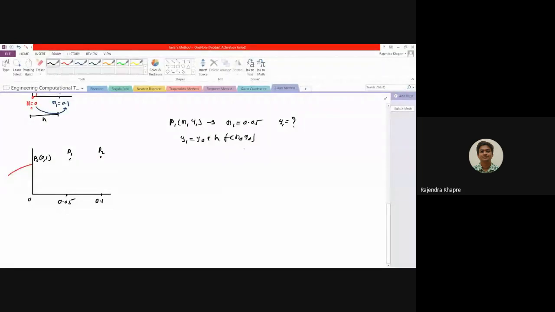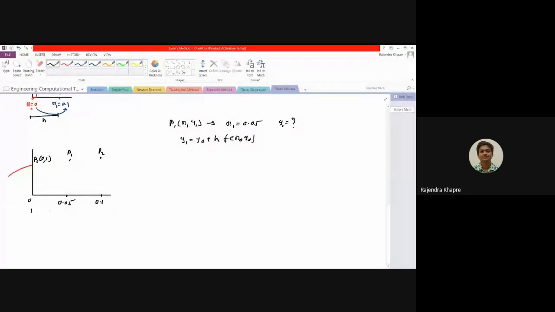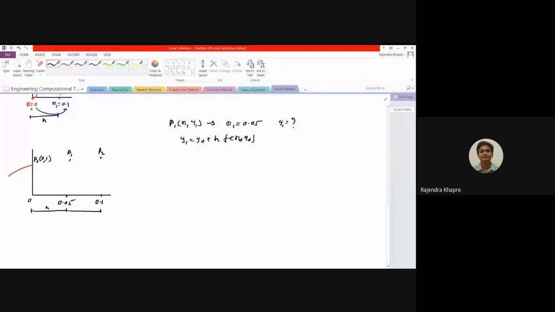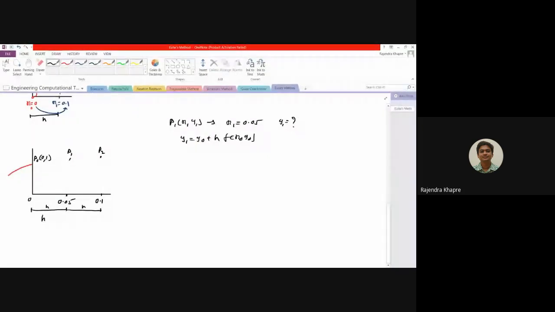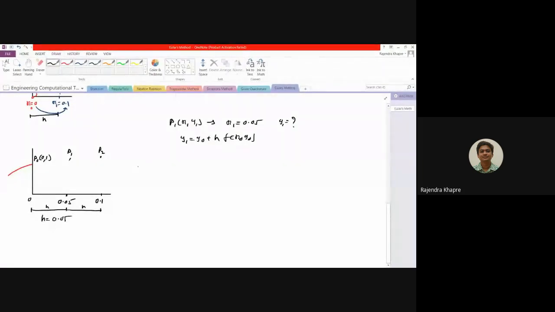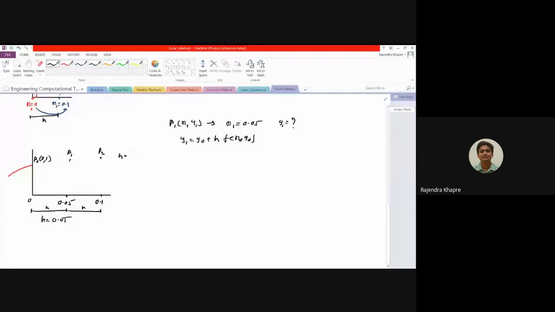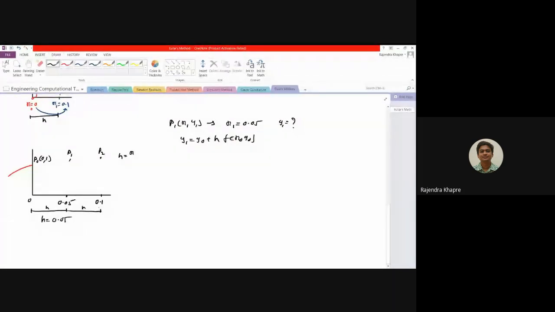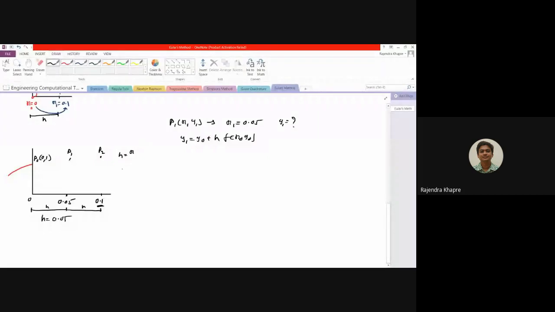Here you see this will be the value of h, that is the interval between this and this. In this particular case, h is 0.05, or in short, the h value can be calculated as x, the last value for which we have to find y, minus x0, divided by 2, because I am going for two intervals.